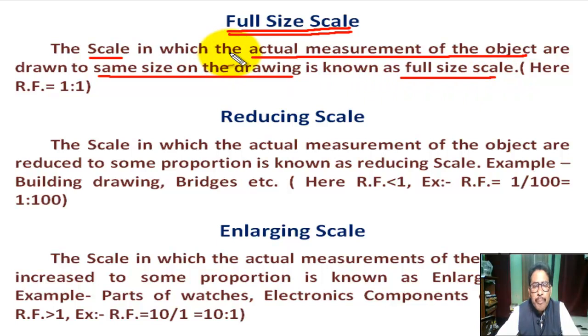Here, length of the drawing and length of the object are same. Here, RF equal to 1:1. RF means representative fraction, equal to length of the drawing by actual length of the object, equal to 1:1, same.